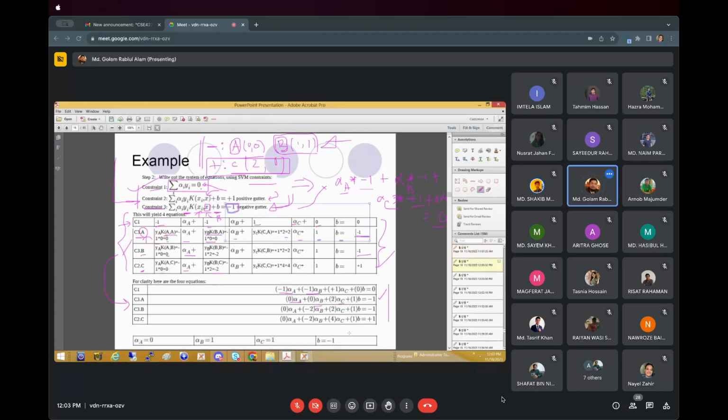Okay. And now we can see that what we need to know is alpha_A, alpha_B, alpha_C, and b. Okay, so we have 4 values here, and we have also 4 equations. So that means by solving these equations, we can easily get the values of alpha_A, alpha_B, and alpha_C, and also b.